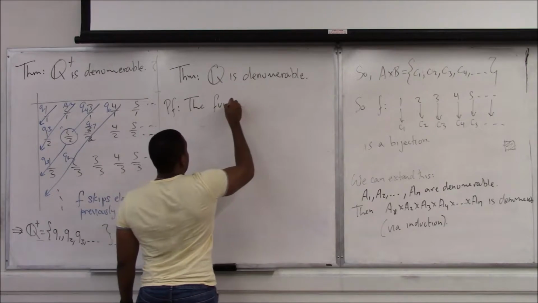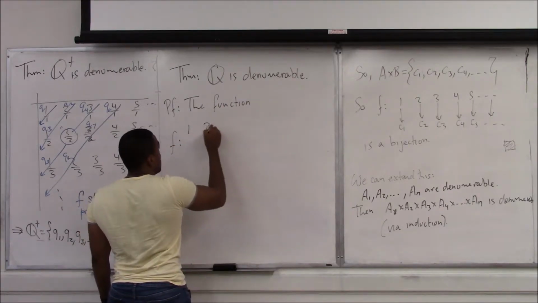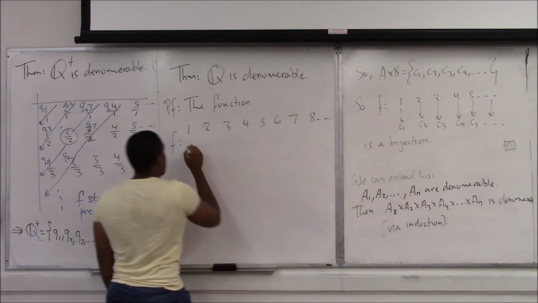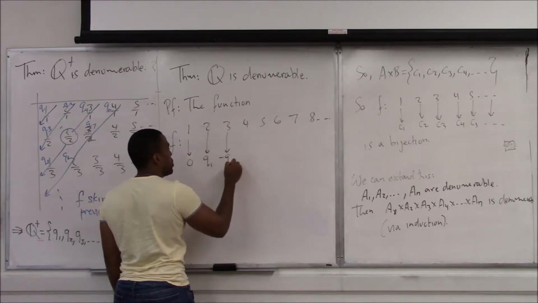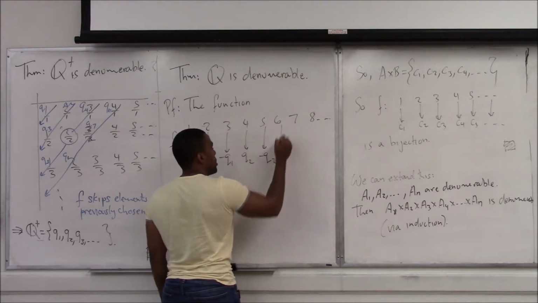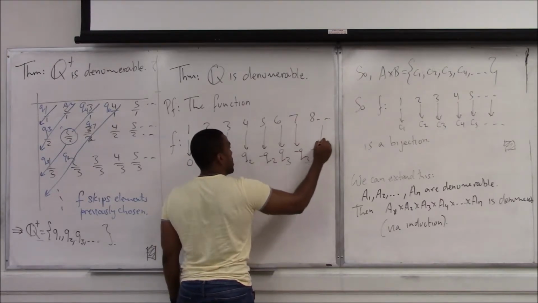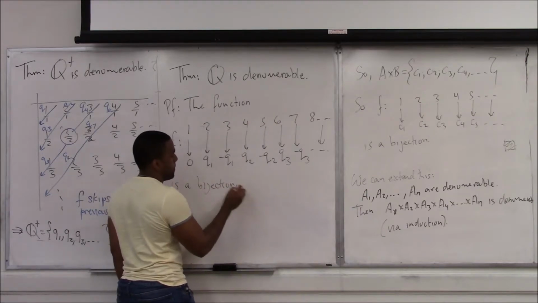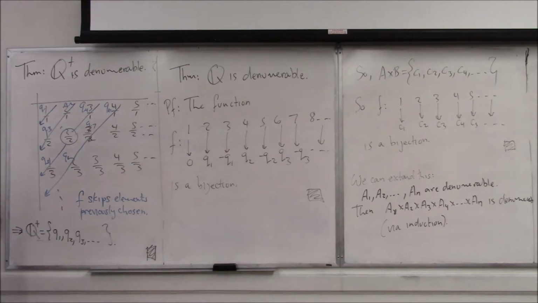The function: this goes to 0, that goes to Q1, this goes to minus Q1, that goes to Q2, this goes to minus Q2, that goes to Q3, this goes to minus Q3, and so on, is a bijection. So Q is denumerable, right?